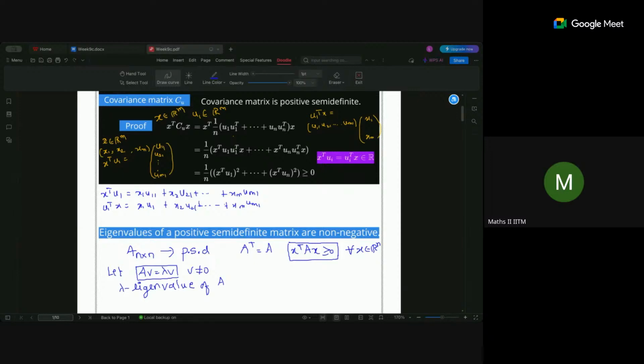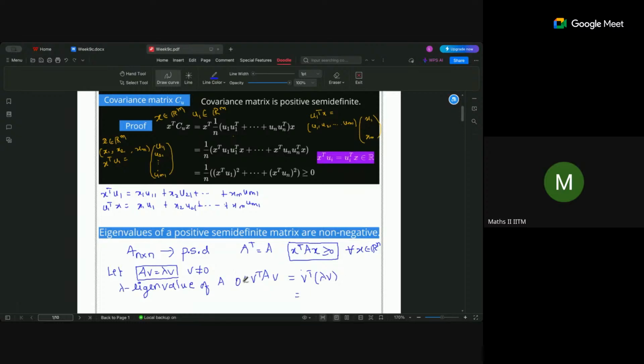So how can you use that? So we can multiply v transpose on both sides. Exactly. Good. So v transpose Av is nothing but, what is Av? Av is lambda v. So you have v transpose lambda v. Now lambda is a scalar.